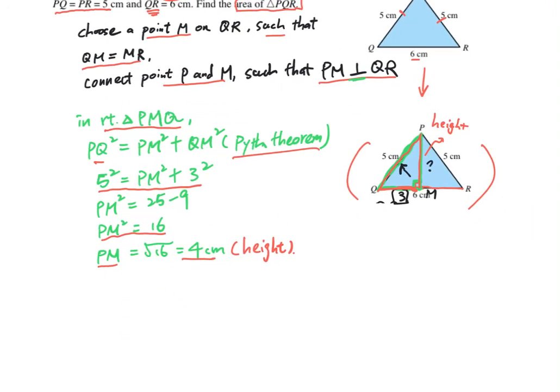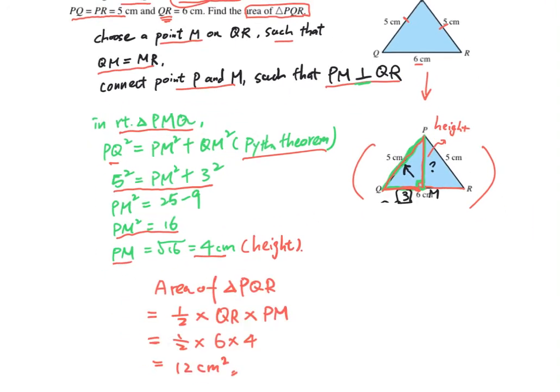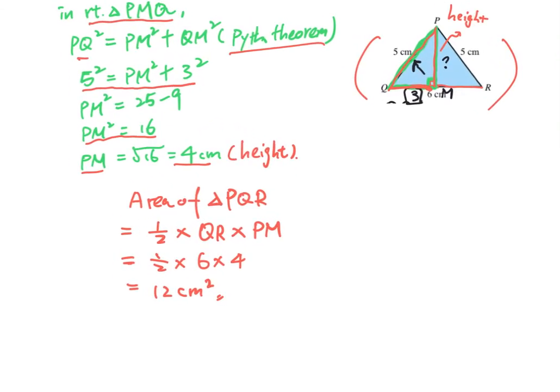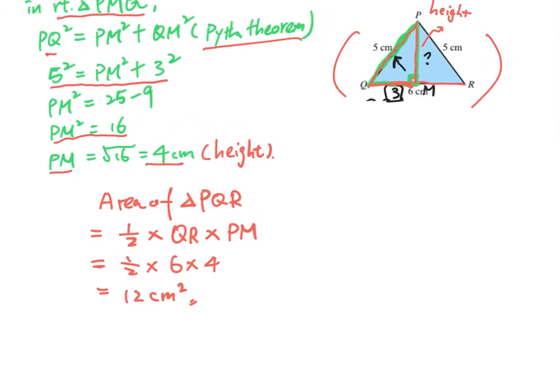Finally, we can solve the area of PQR by using the equation for the area of a triangle, which is half times base times height. So half times base, which is 6, and height is 4. So the area of this triangle is 12 cm squared.